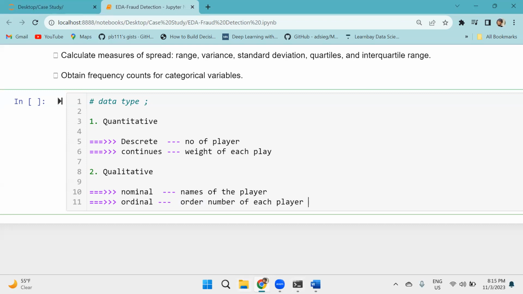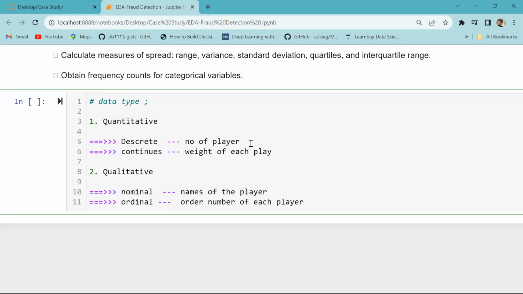That is a way you can categorize the data into different types. Let me take an Excel sheet. For example, for discrete, the number of players: there are 11 players in cricket. For those 11 players, every player has some weight, for example 78.45 kgs.